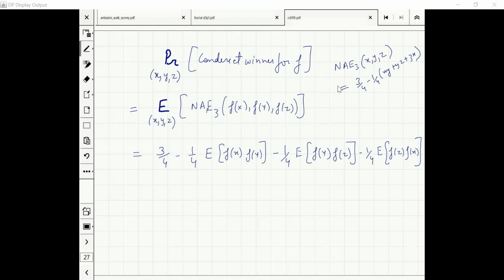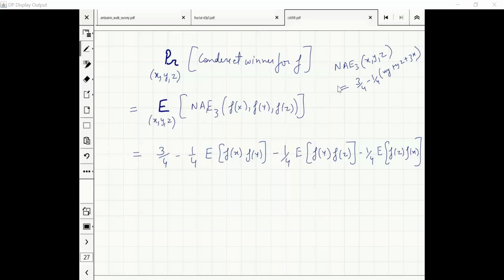First thing to realize in simplifying this expression is that X and Y are not independent. I can't write it as expectation of fx times fy.